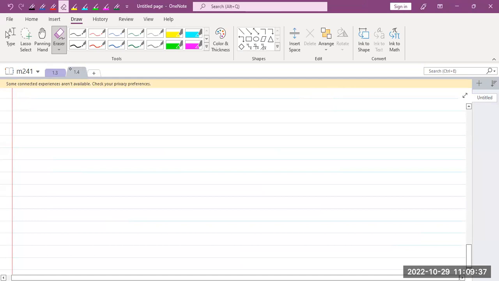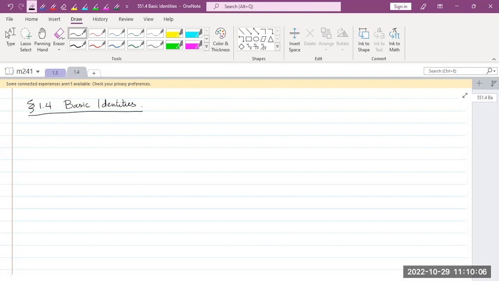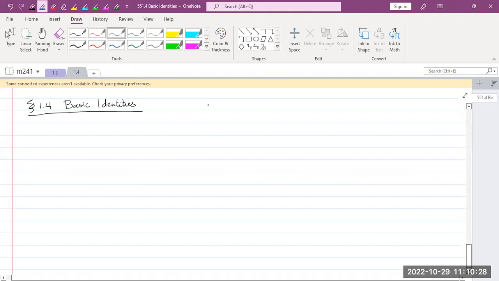In section 1.4, we will talk about basic identities. There are a lot of identities in trigonometry that you need to memorize. You will see 4 groups of basic identities that you need to memorize as soon as possible. Besides the trig values for 30, 45, 60, 0, and 90 degrees, you also need to memorize these basic identities. Let me list them first.